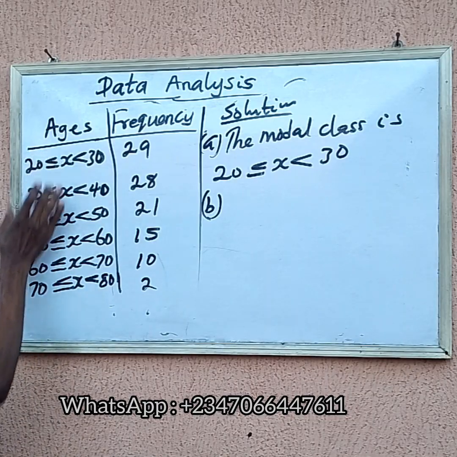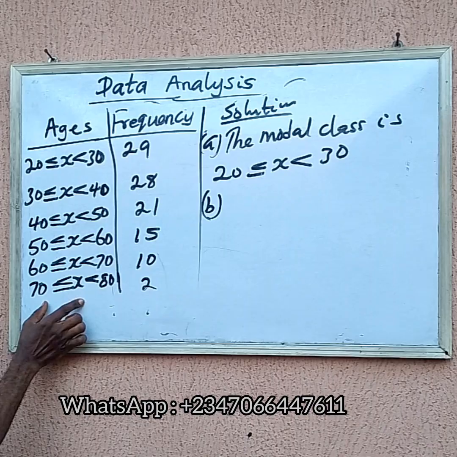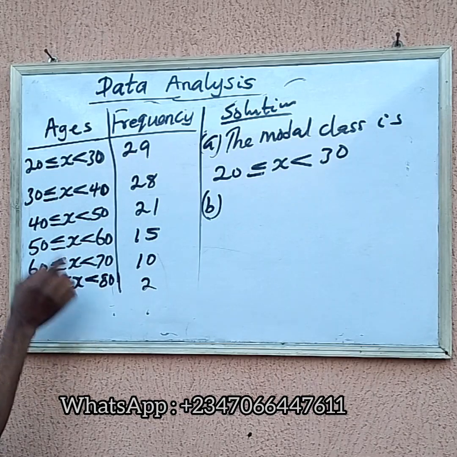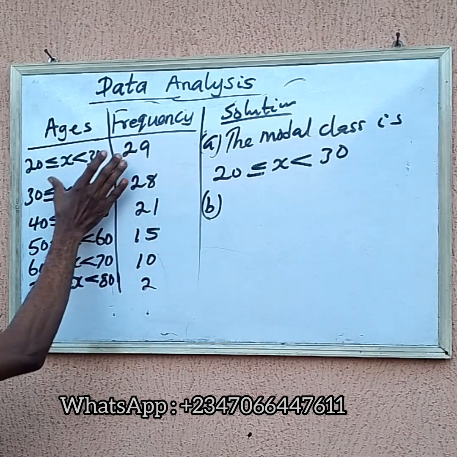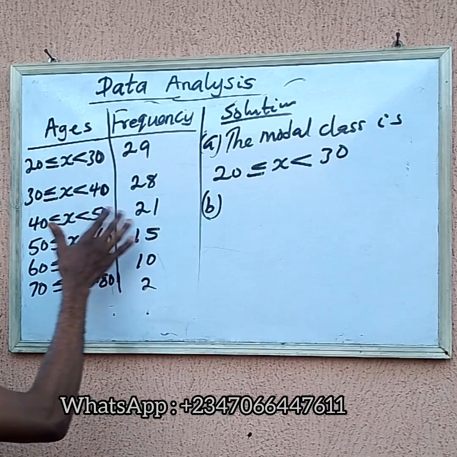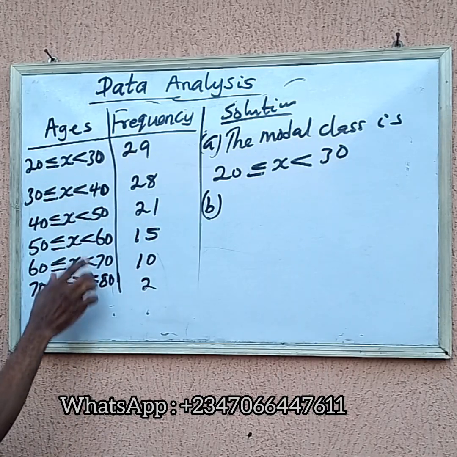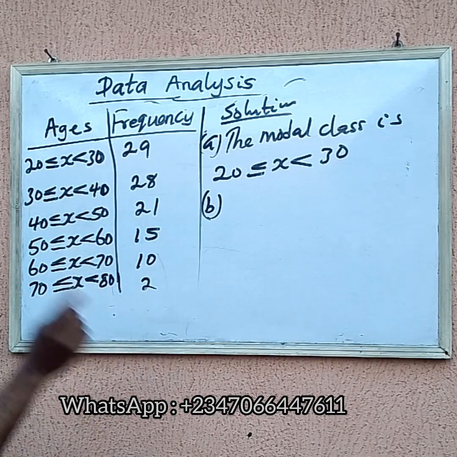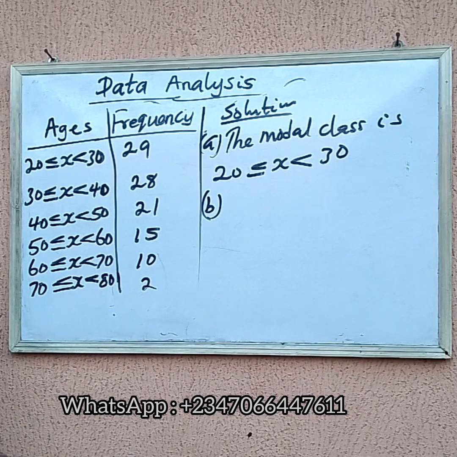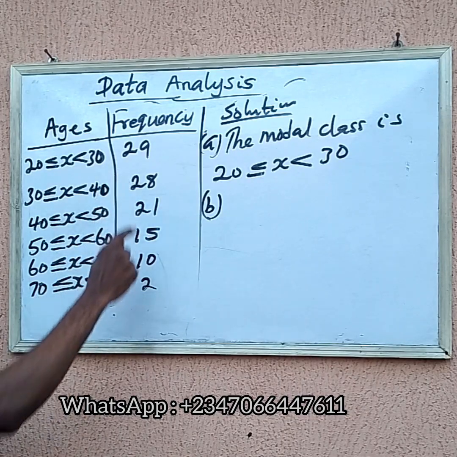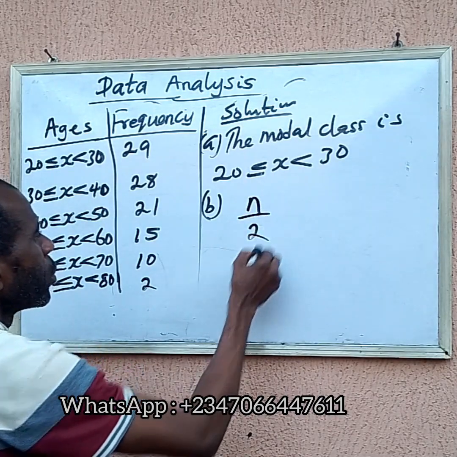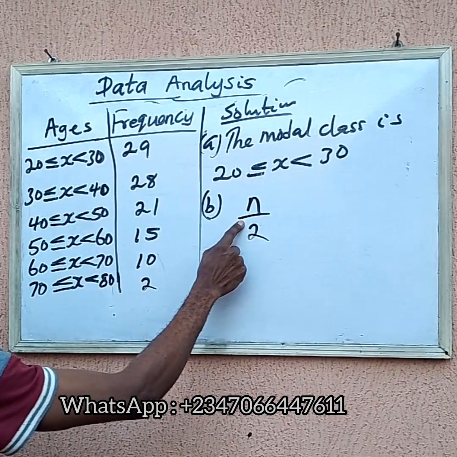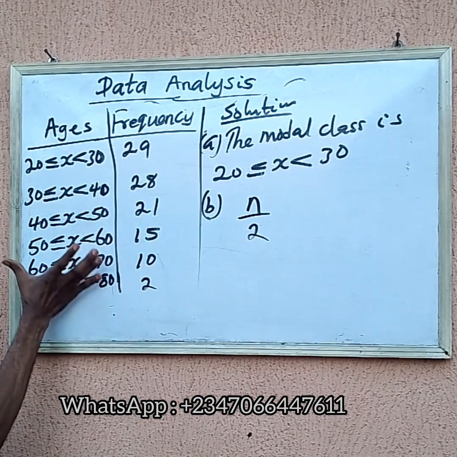We want to know which among these intervals or classes the median will lie in. How do we get that? We must first of all look at the cumulative frequency of every interval. Now, the median class will be the class whose cumulative frequency first exceeds n over 2, where n is the total frequency of the whole distribution.